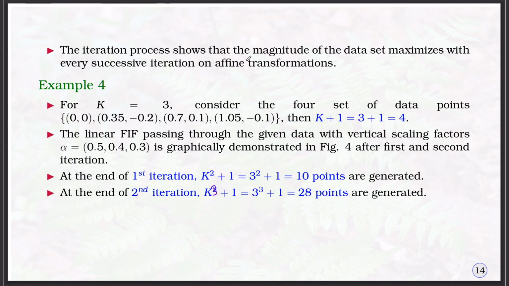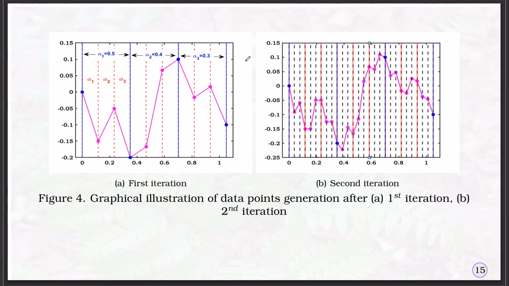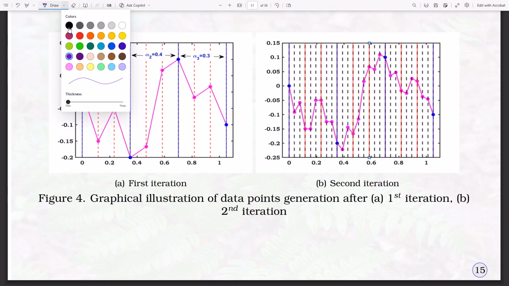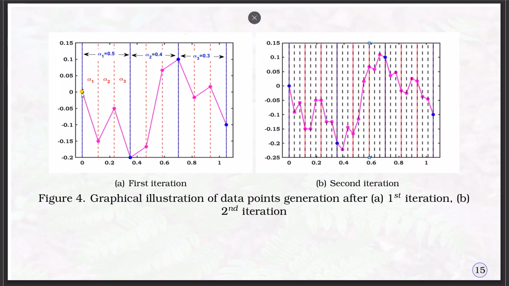What is the interpolation data given here? It is given here: 0, 0.35, 0.7 and 1. It is unequal interval data points we are taking, and the constant scaling in the first interval is 0.5, second interval 0.4 and third 0.3. Now, in the first iteration, this is the data given here, maybe I will use a different color.